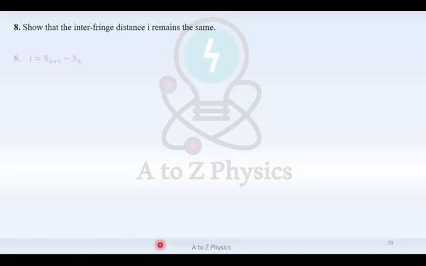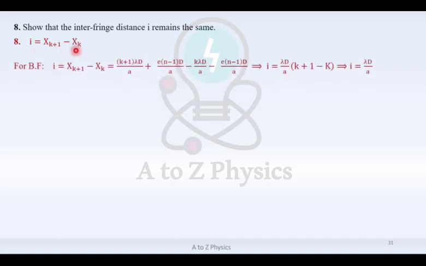Part 8. Show that the interfringe distance i remains the same. i equals x of k plus 1 minus x of k. The new position of x of k is k lambda d over a plus e(n minus 1) d over a.